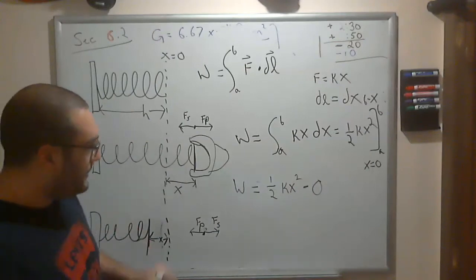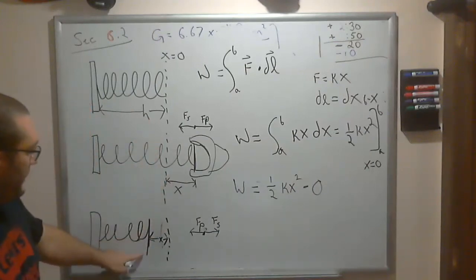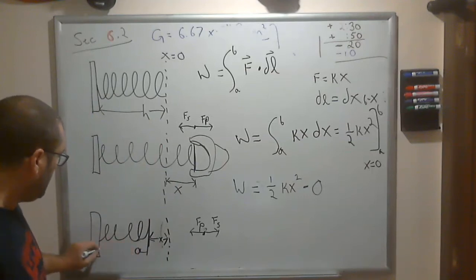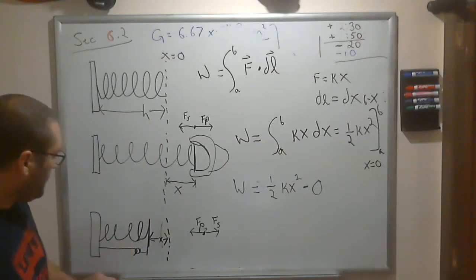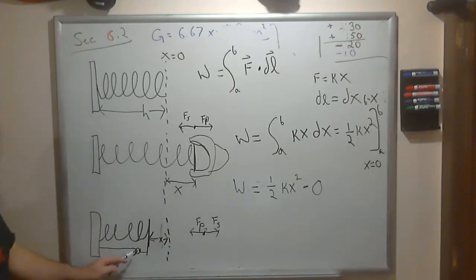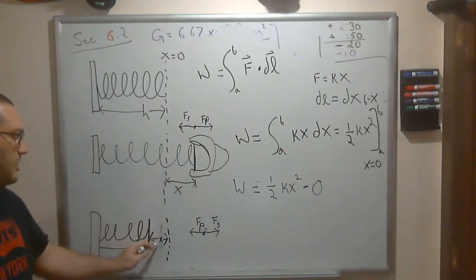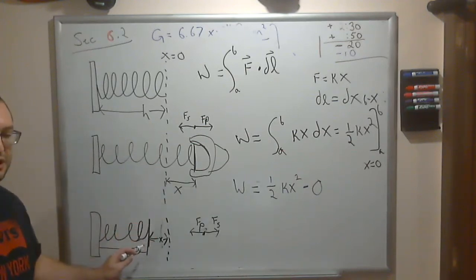Now, if we had a little latch where it would stay in this position, let's say we compress it and then we keep it in that position. Right now, it's storing energy. As soon as we release this latch, it's going to apply a force to whatever's on the end of the spring.